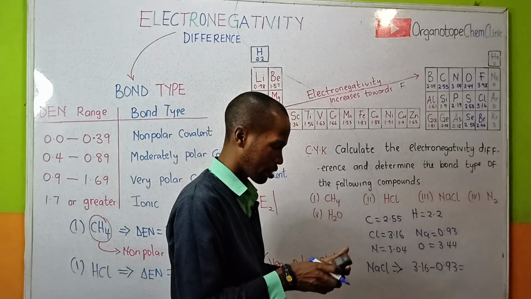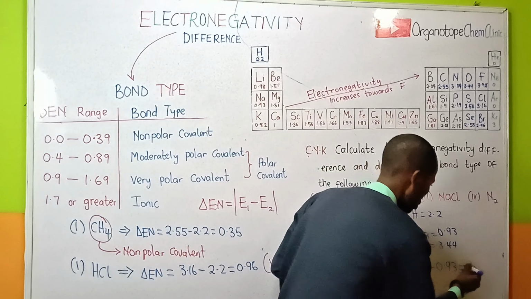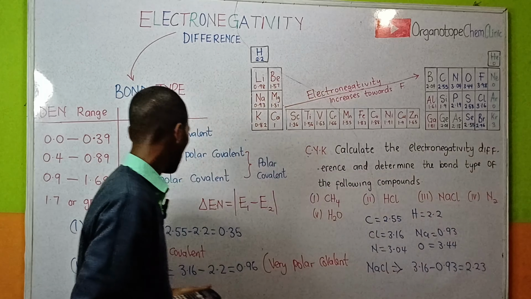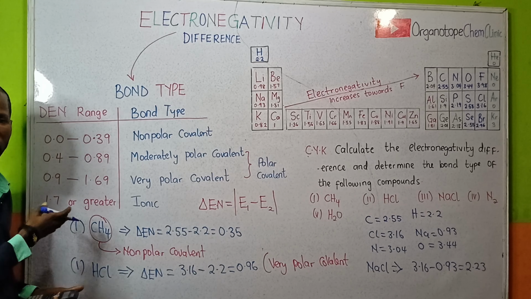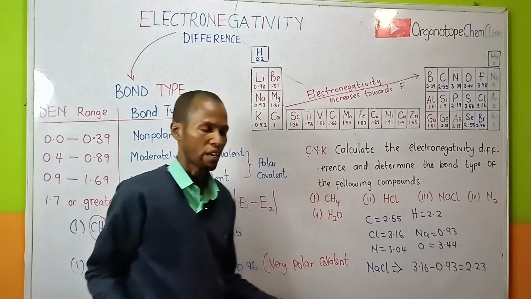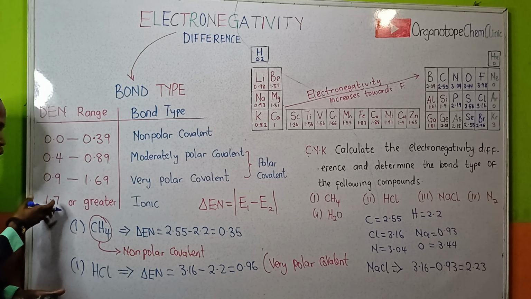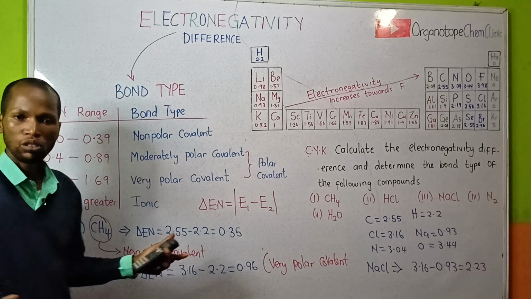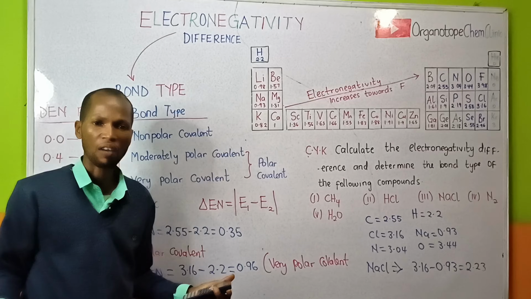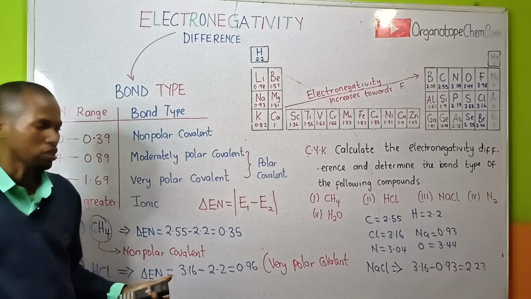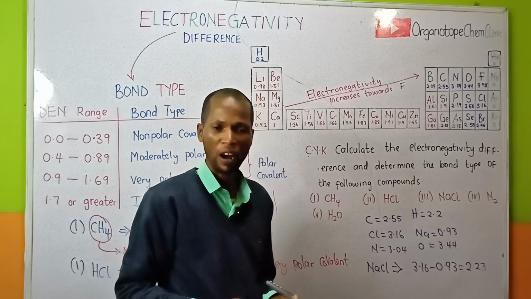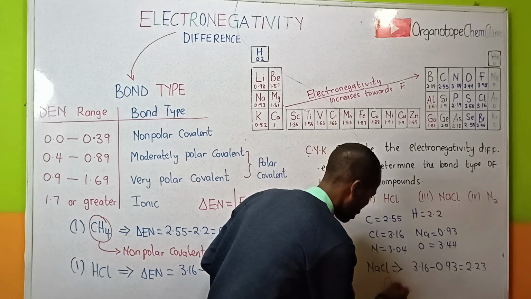So in that case, we are going to have 2.23. Okay, so we go back to our table and check at what range do we have this electronegativity difference. So we have it at 1.7 beyond. Such compound which has electronegativity difference greater than 1.7 is said to exhibit what? Ionic bond.